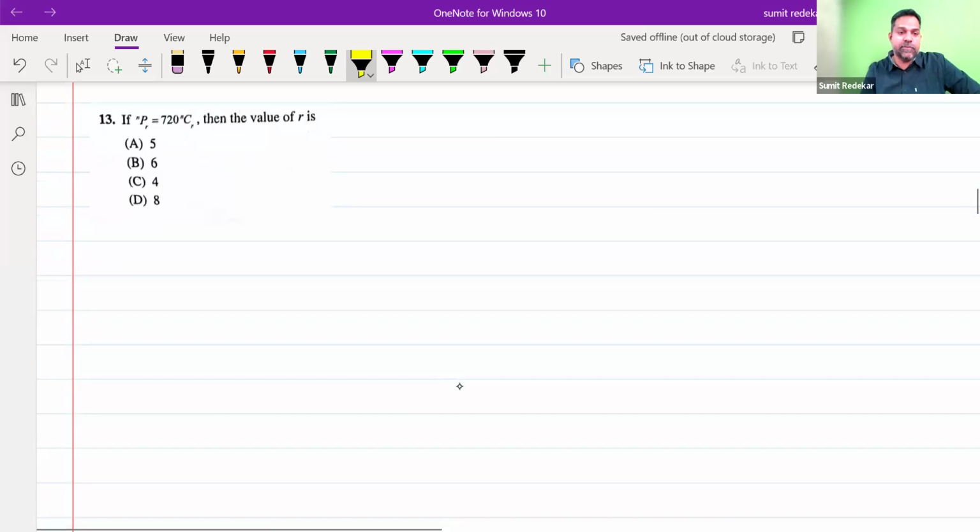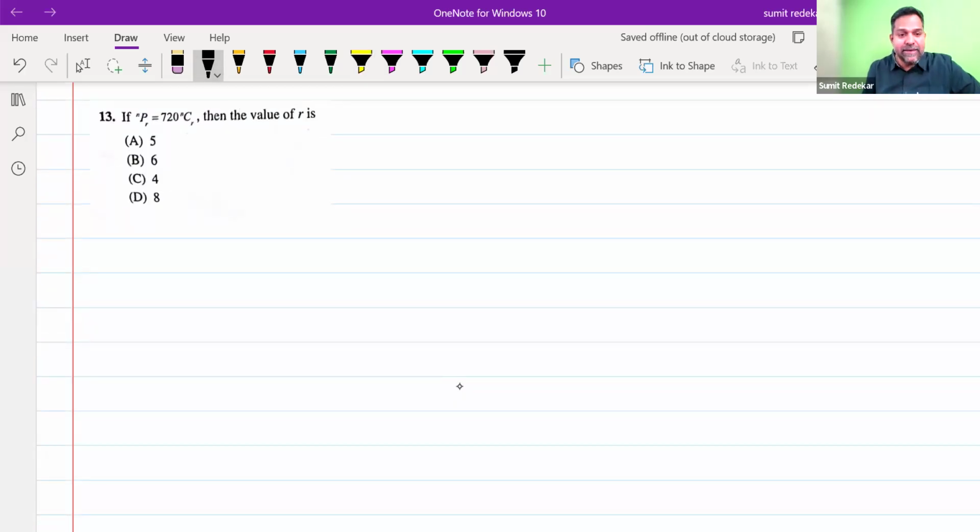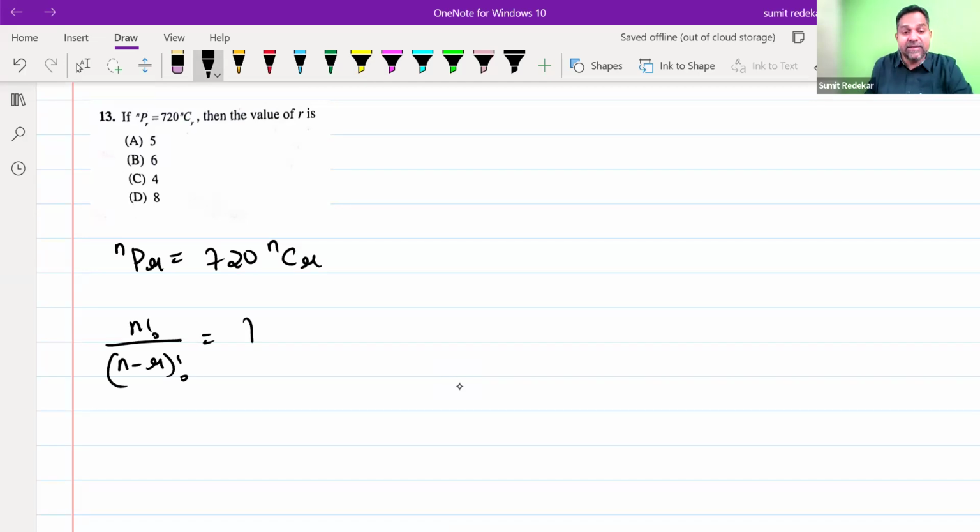Swiftly moving on to question number 13. Question number 13 can be dealt with in two ways. They are saying nPr is 720 times nCr. The very typical way of going about it is, why not write the formula for both? nPr is n factorial upon n minus r factorial. At the same time, nCr is n factorial upon r factorial into n minus r factorial.